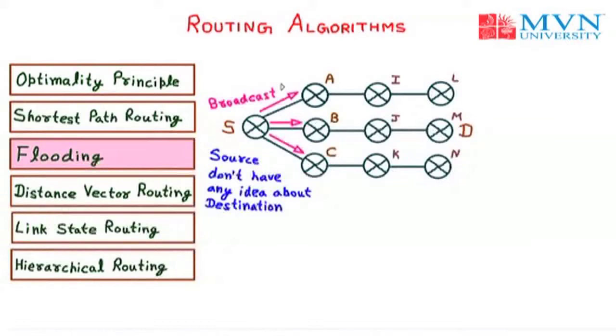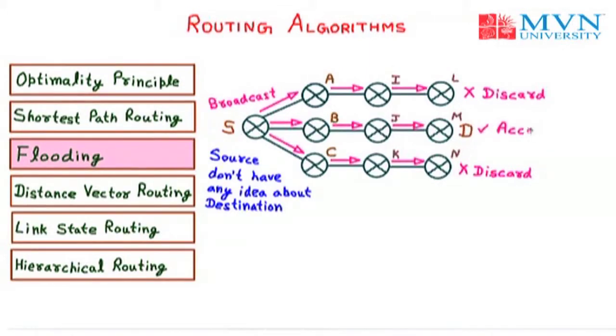Then A, B and C will send the broadcast message to the next routers, that is I, J and K. Similarly, I, J, K broadcast to L, M, N. Now all the routers L, M and N will receive the data packets, but here we have the destination, that is D, or we can say M. So M will take the data, and L and N will discard the data, because they are not the destination, but D, the destination, will accept the data.